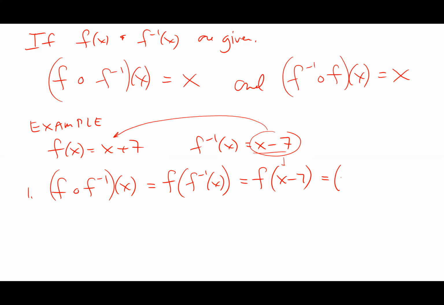So this is x minus 7 plus 7. And what do you guys say? Equals x. Yeah, the 7 and the minus 7 are going to undo each other's work.